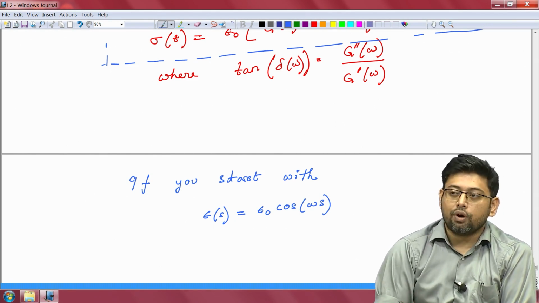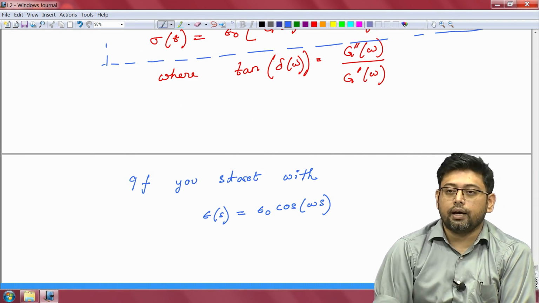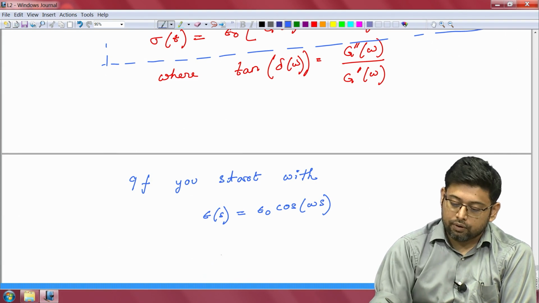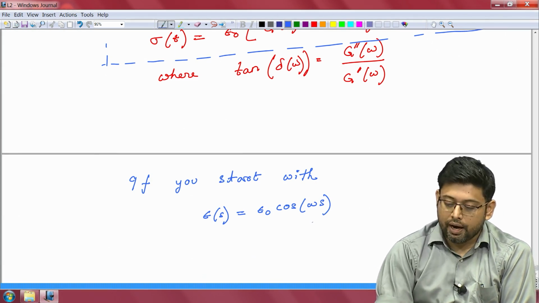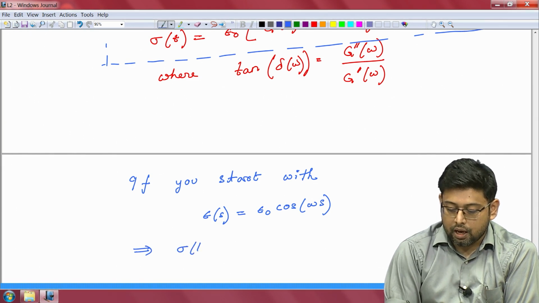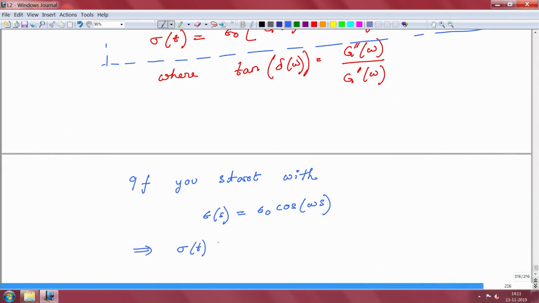Okay. And what you will find, if you do this calculation yourself, I am not going to redo this entire calculation right now, is that this will lead to a situation where the stress as a function of time is given as epsilon naught.